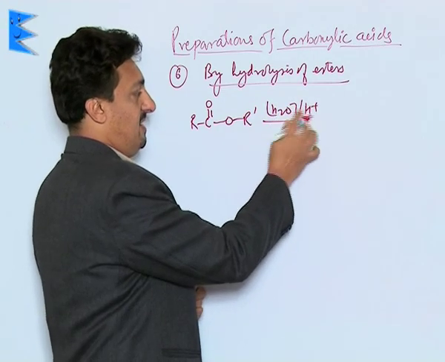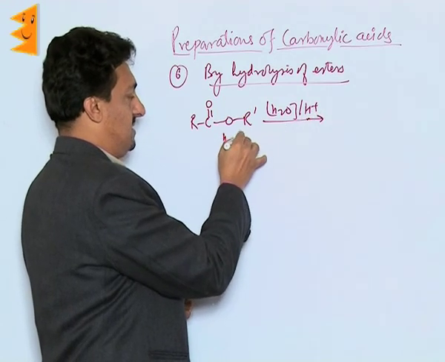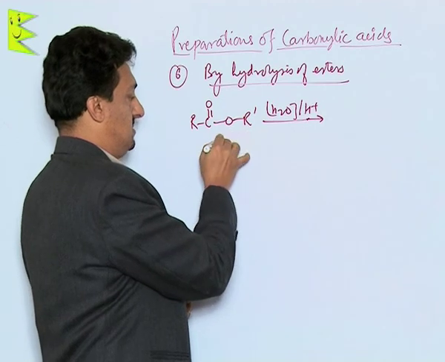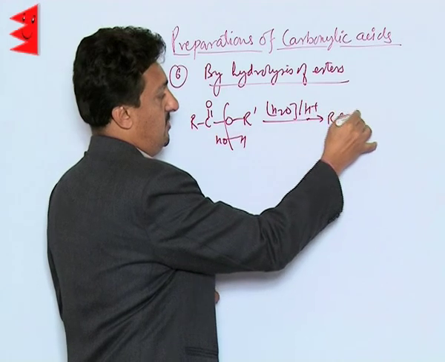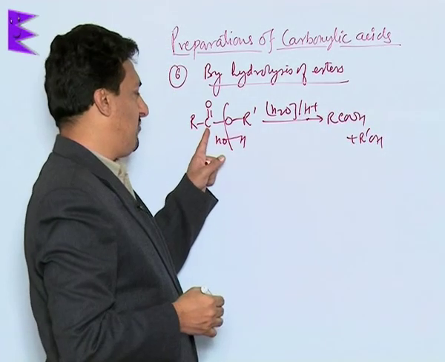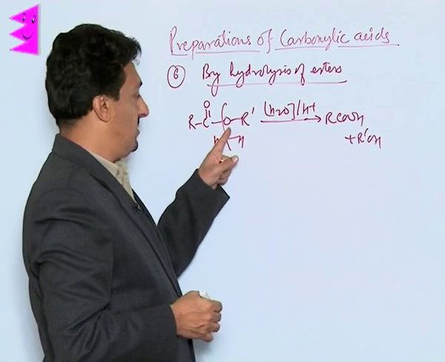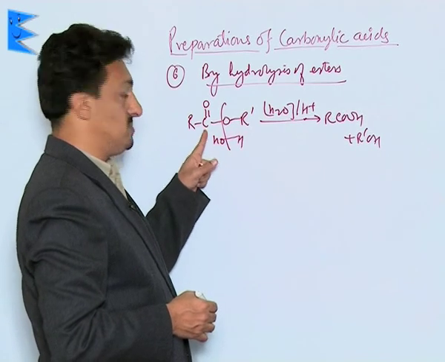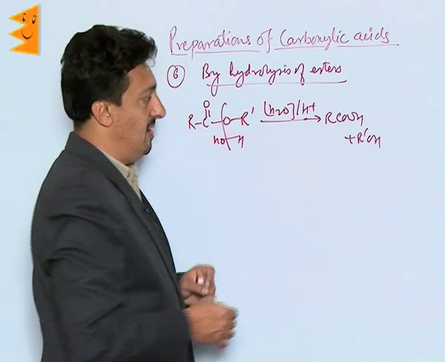Let's take first the acidic hydrolysis. Then this breaks down like this, so it gives us RCOOH plus R'OH. Cleavage takes place at the bond between the carbonyl carbon and oxygen, and the OH of the water goes with the carboxylic acid, the H of the water goes with the alcoholic part.